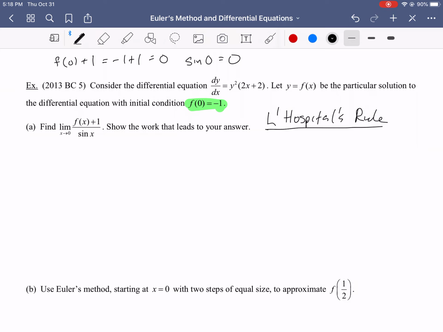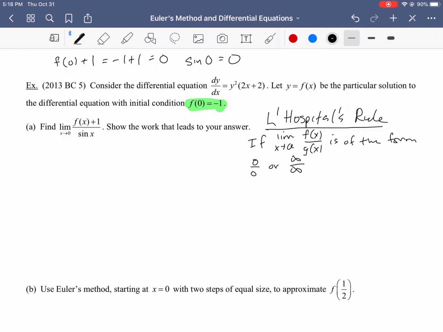Okay, and here's what L'Hopital's rule says. I'm going to write out what it says word for word. So if the limit as x approaches a of f of x divided by g of x is of the form, so notice I didn't write equals, I said is of the form 0 over 0, or it turns out infinity over infinity.